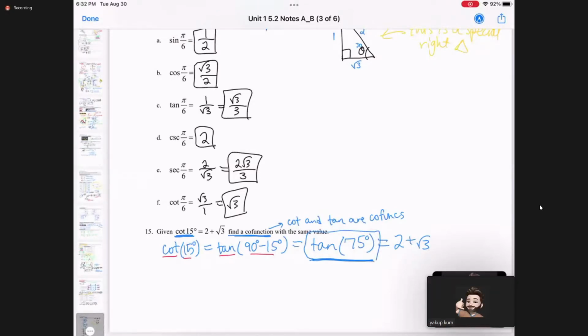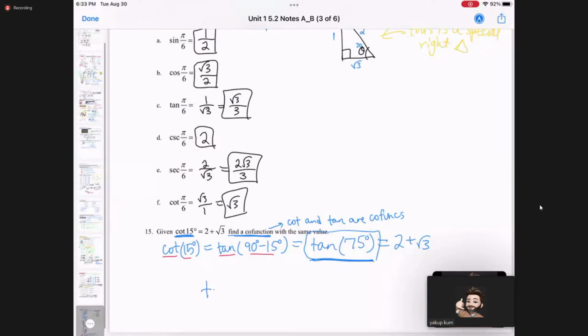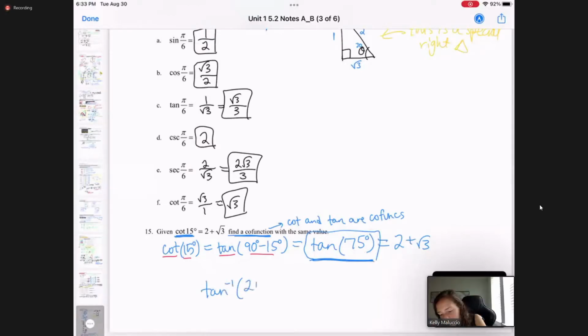If you're in degree mode, you should get about 75.